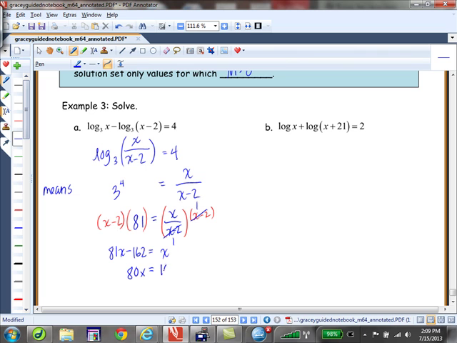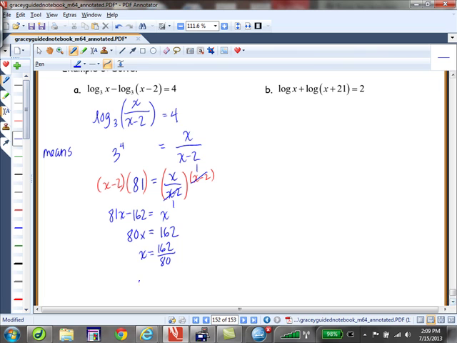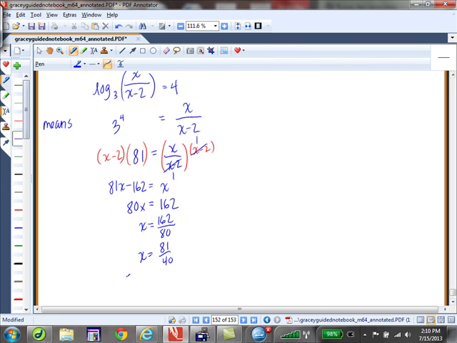Adding 162 to both sides, we get 162. So then x will be 162 over 80, which reduces to, let's see, that'll be 81/40ths. And that's a positive number, and when you check it in the original, you'll find that it works out.